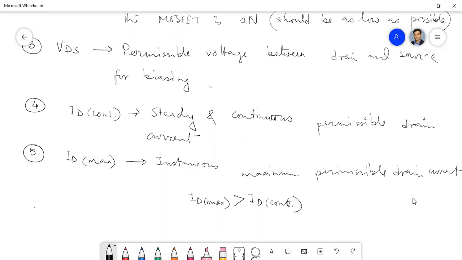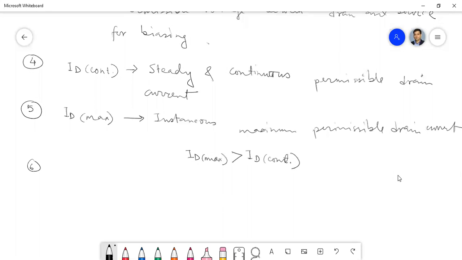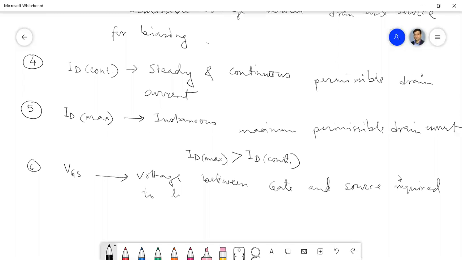Okay, so the sixth one is the gate to source voltage, VGS. Voltage between gate and source required to turn on the device.